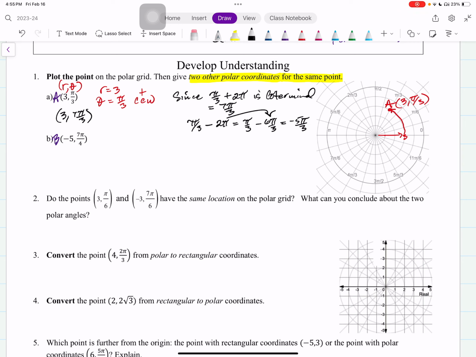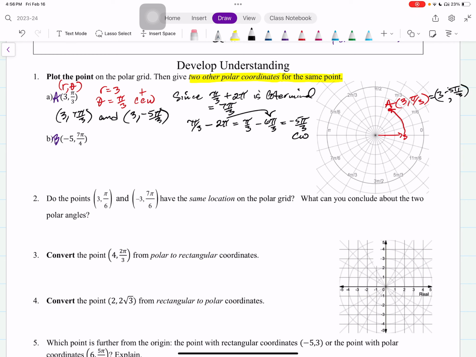So you get negative 5 thirds pi as our coterminal angle. And this is a clockwise rotation right here. So my next representation would be 3 comma negative 5 thirds pi. And believe it or not, these are in the same location.